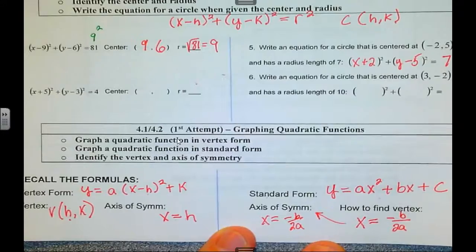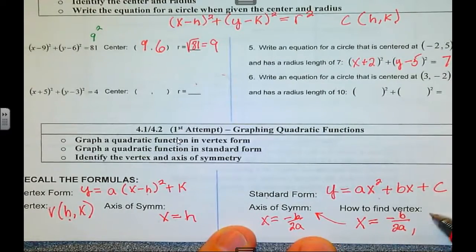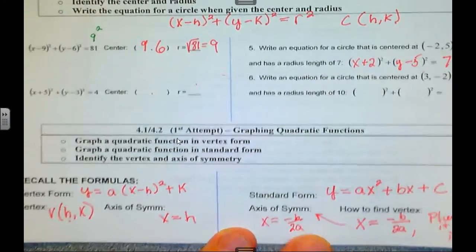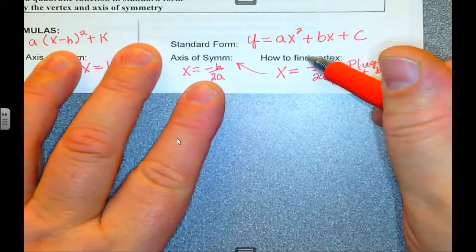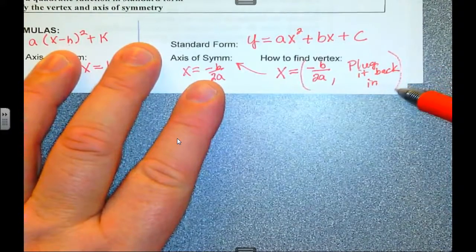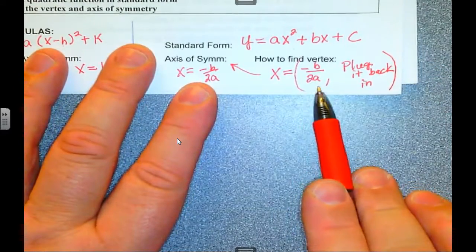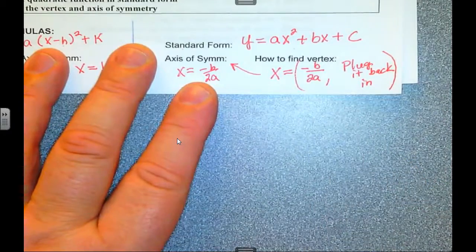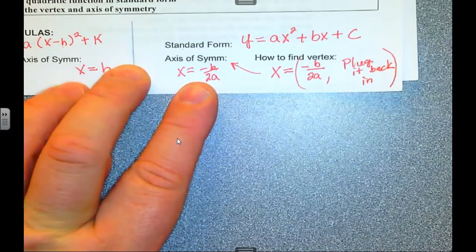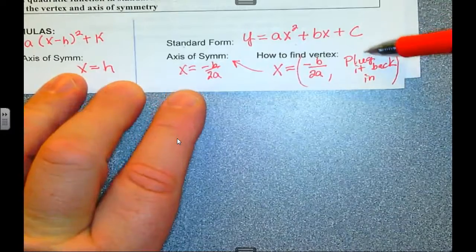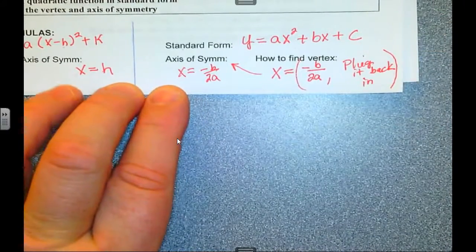And then what do you have to do once you find x to find the rest of the vertex? You have to plug it back in. Okay, so that's how you find the vertex. Your vertex is -b over 2a, and then you have to find y. You have to plug x back into the equation to find y. This is actually kind of a lot more difficult than vertex form.